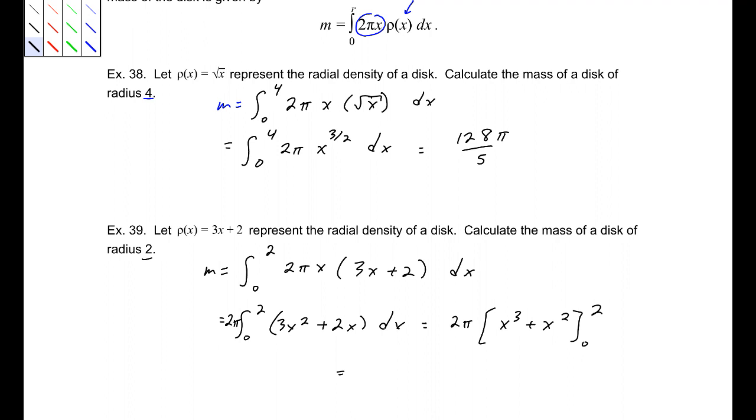Doing the evaluation and keeping the 2 pi, we are going to get 2 pi times 12. So our answer there is 24 pi.